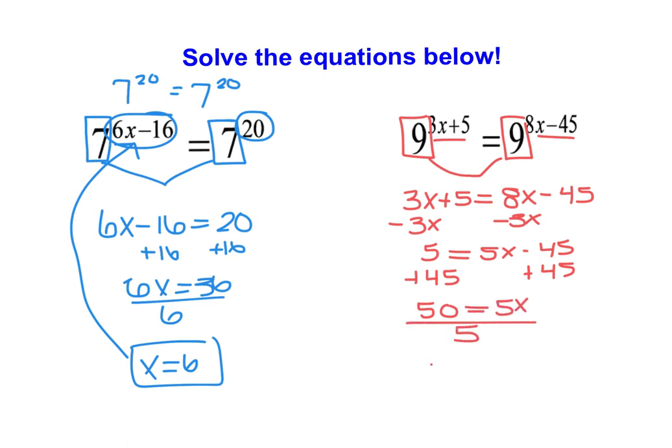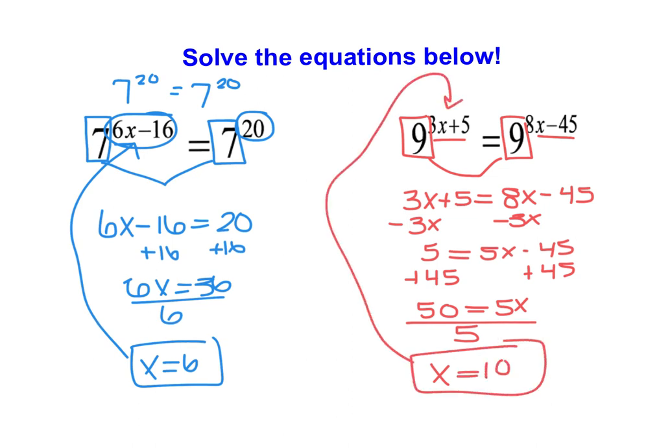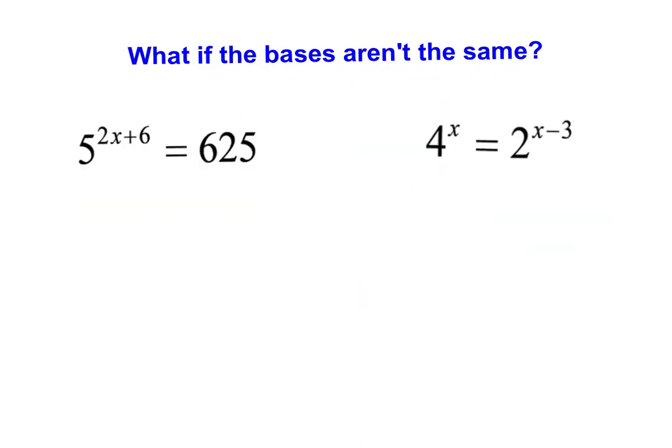Divide both sides by 5, and I find that x is equal to 10. Then I can take x equals 10 and plug it back in here. I find that this exponent is equal to 35, as is this exponent. So that x value of 10 makes both of these exponents equal 35, and I have 9 to the 35th is equal to 9 to the 35th.